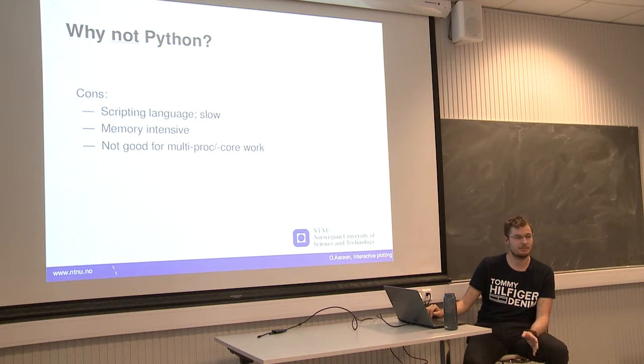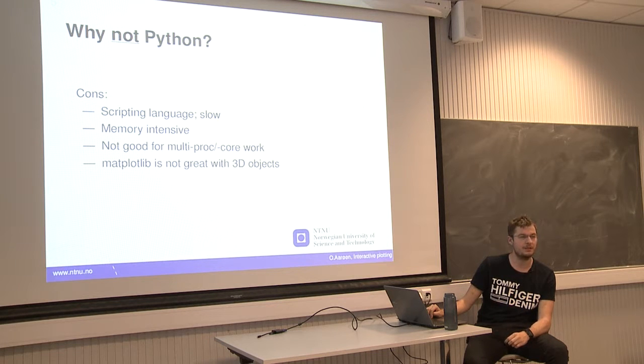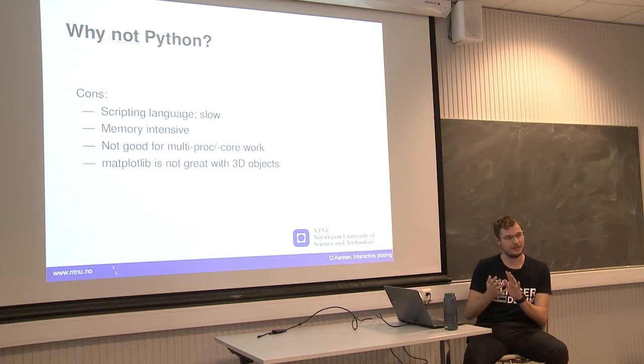It exists, but it's hard to do. I tried some in the GUI I'm coming back to, but it's not perfect. And Matplotlib in general is really not great with 3D objects. If you're trying to print, say, a 3D surface, you'll get these weird, what's it called?